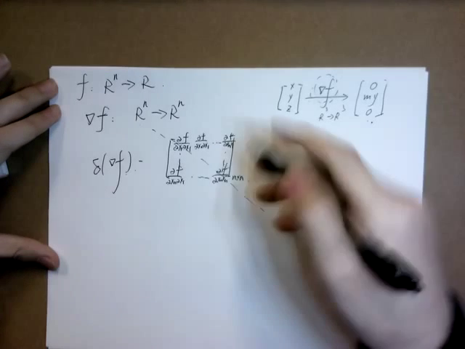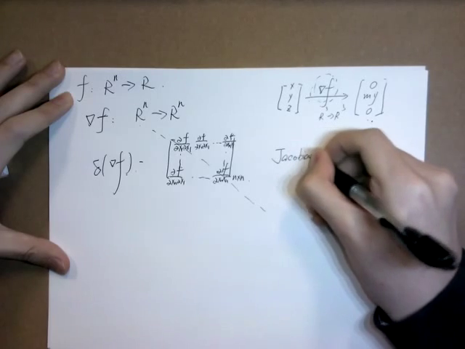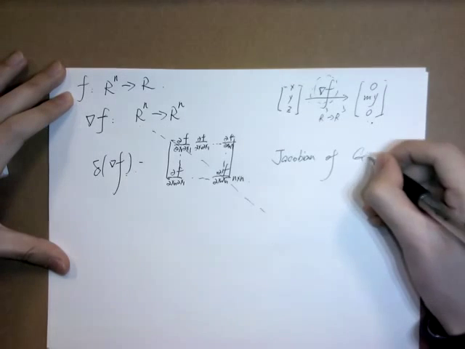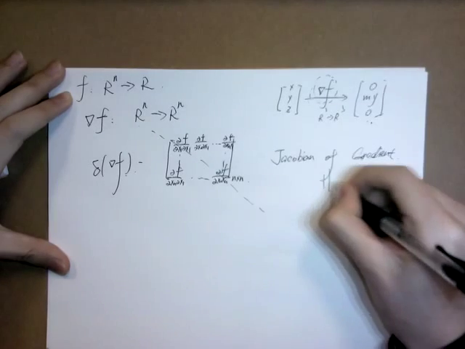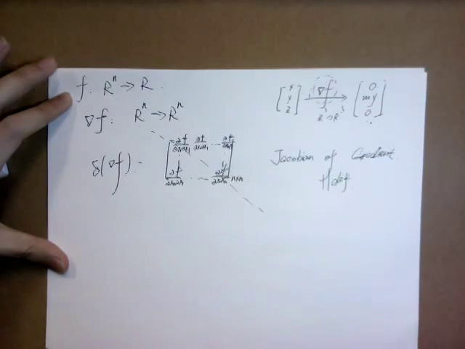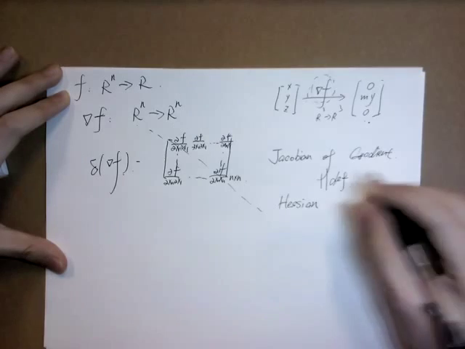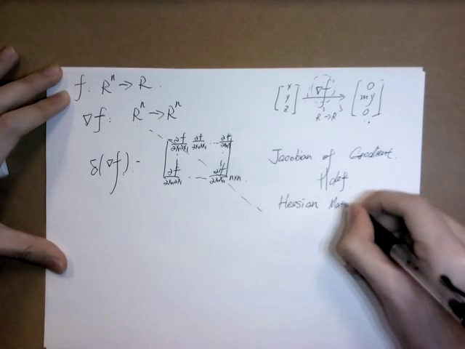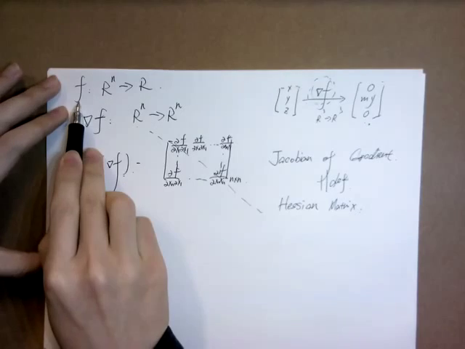This is the Jacobian of my gradient. Someone called it the Hessian, so we call it the Hessian matrix of a scalar function f.